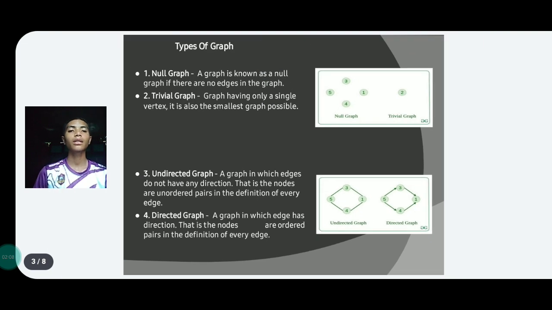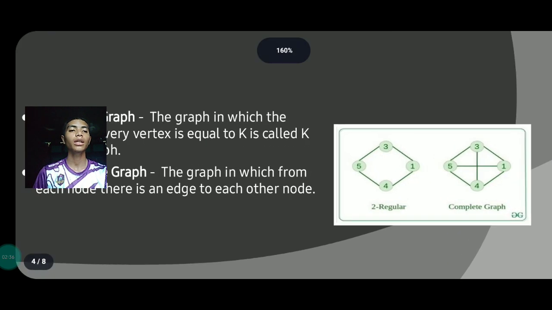Number 3, undirected graph. A graph in which edges do not have any direction. That is, the nodes are unordered pairs in the definition of every edge. And number 4, directed graph. A graph in which edges have direction, that is, the nodes are ordered pairs in the definition of every edge. What is the example?